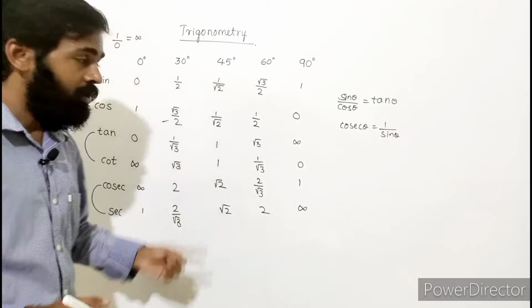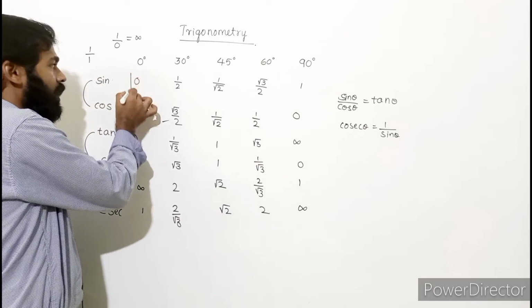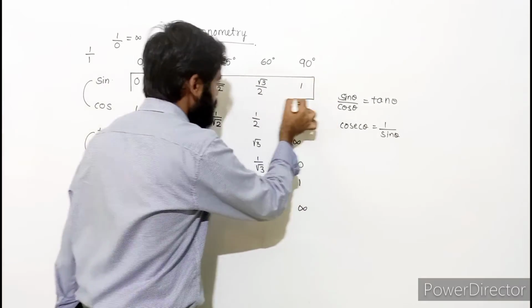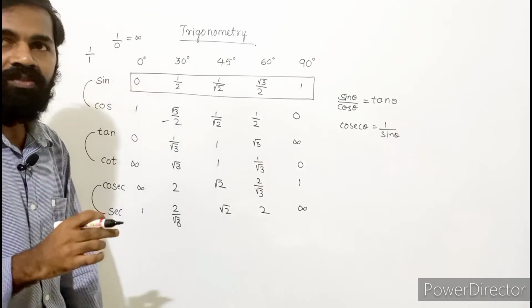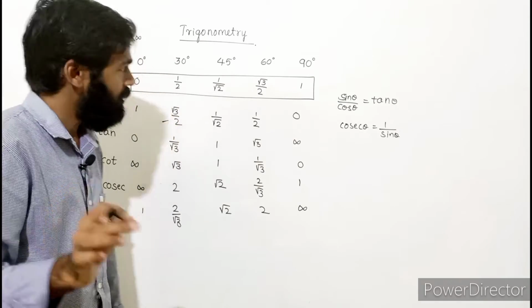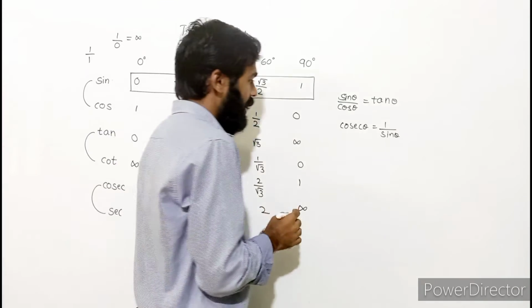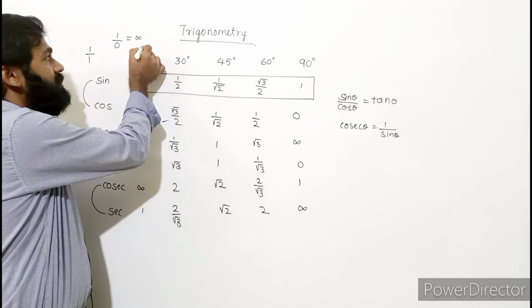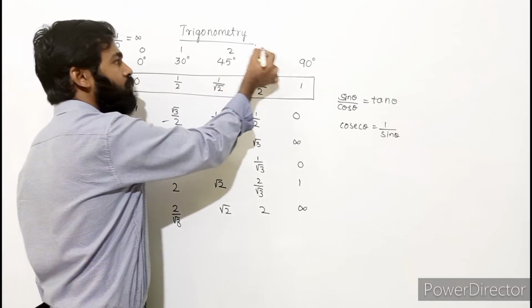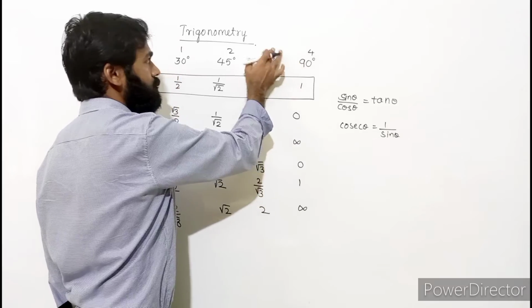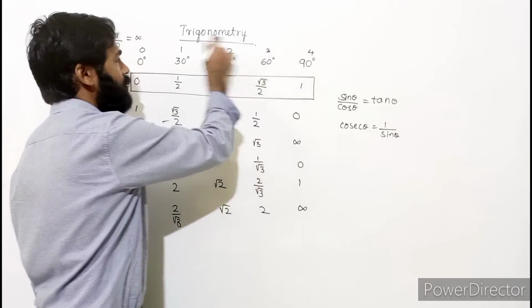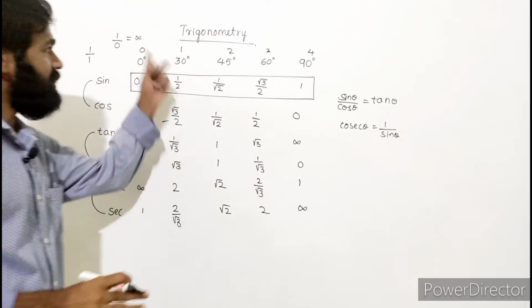Now I'll tell you a trick to remember these 5 values. Let's consider the numbers 0, 1, 2, 3, 4, starting from 0 till 4.